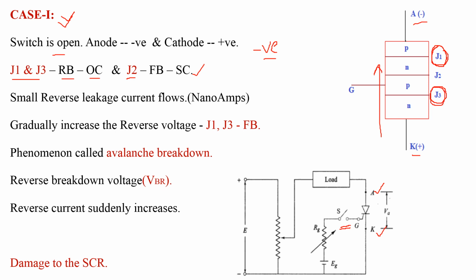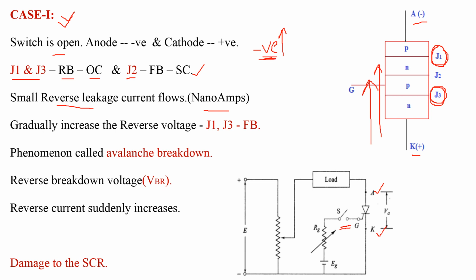But due to the presence of minority charge carriers, there is a possibility of a small amount of reverse leakage current, of the order of nanoamperes, which can flow from cathode to anode.